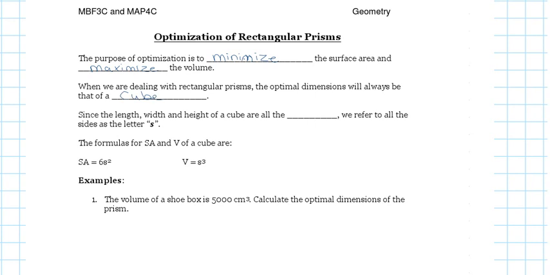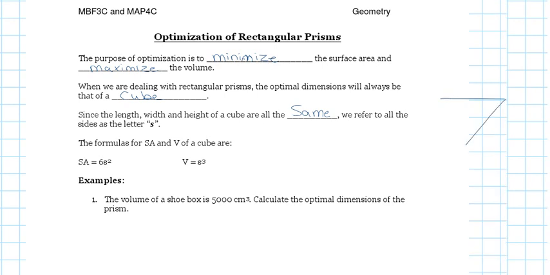Now, since the length, width, and height of the cube are all the same, we refer to all the sides as the letter S. So, in a cube, all the sides have the same length, right? So this, and this, they all have the same length.